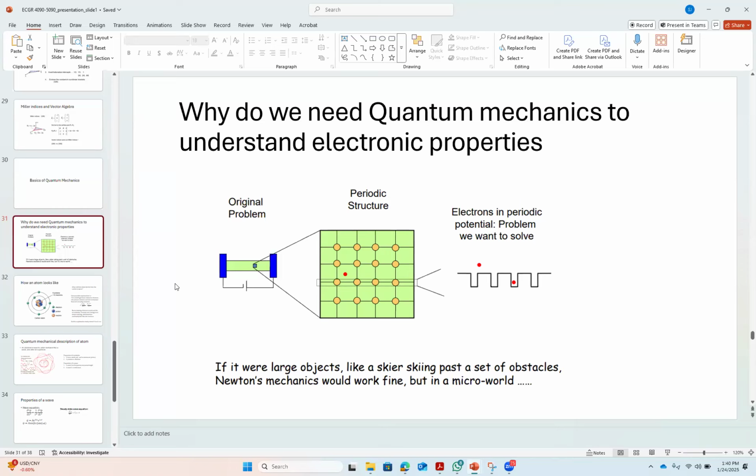Let's say you want to calculate the current through a copper wire. You have to find the resistance of the copper wire, which is also easy. The resistance depends on the length of the wire, the cross-section area of the wire, and the conductivity of the wire. Based on that, you can find the resistance, and then given a particular voltage, you can find the current. So there is no quantum mechanics here. It's as simple as that.